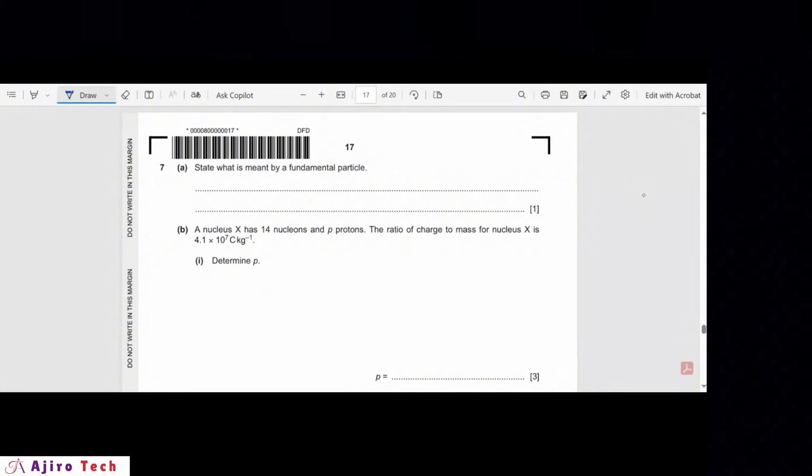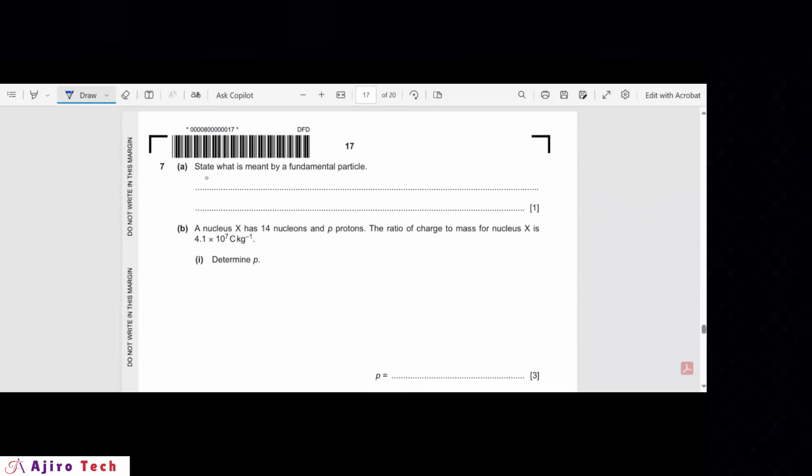So question 7, fundamental particle. What is a fundamental particle? It's a particle that cannot be broken into smaller particles, or cannot be divided into smaller particles. In the history of that, we have electrons, leptons, and baryons and different types. We have six flavors of quarks: up, down, top, bottom, charm, and so on.